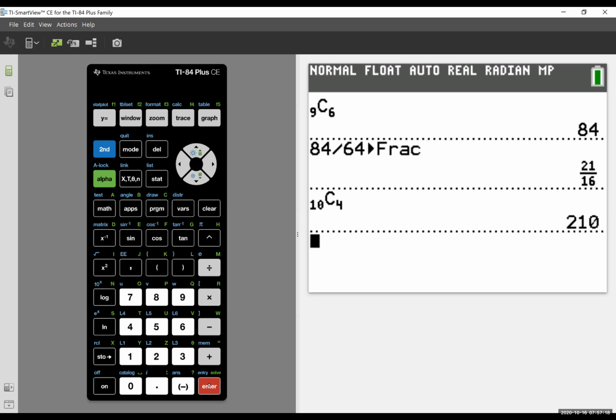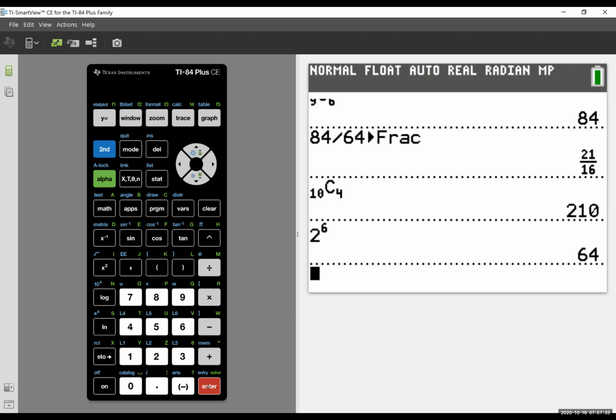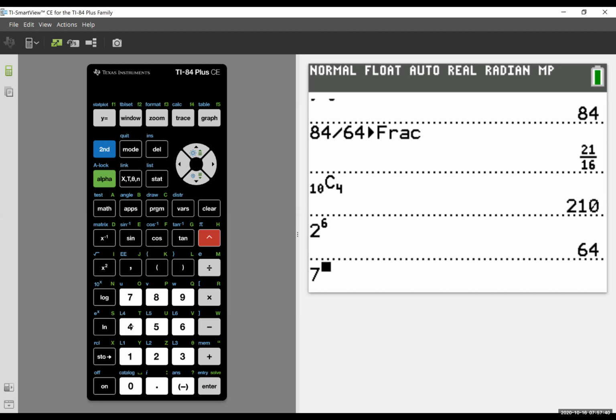We got ourselves 210. The other items that I'd like to find while I'm here: 2 to the 6th, just because I want to plug that in. So that's 64. And I also want to figure out what 7 to the 4th power is.